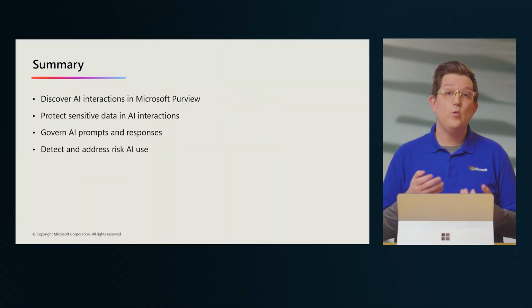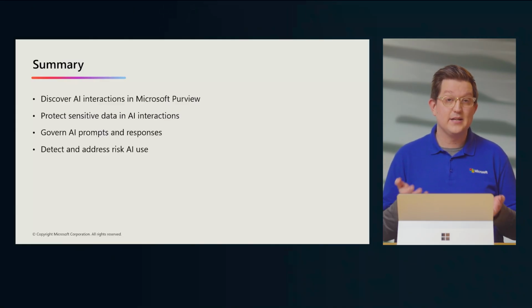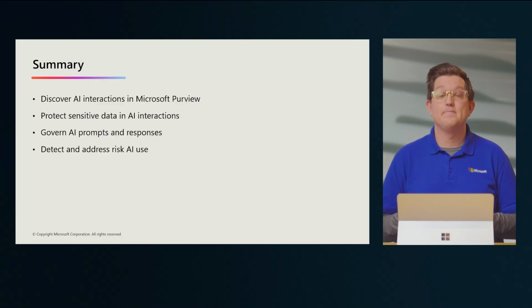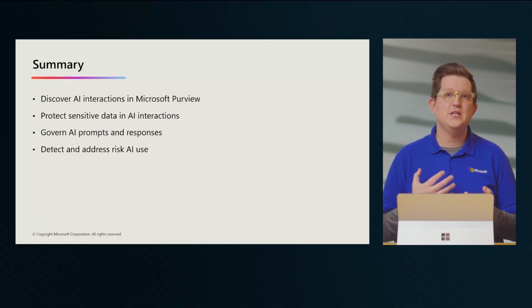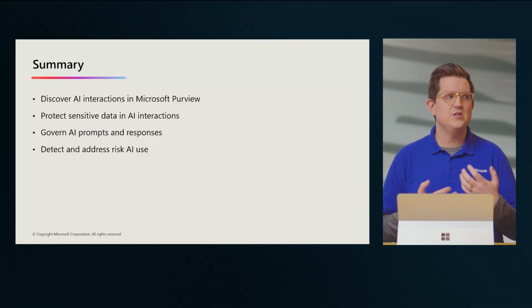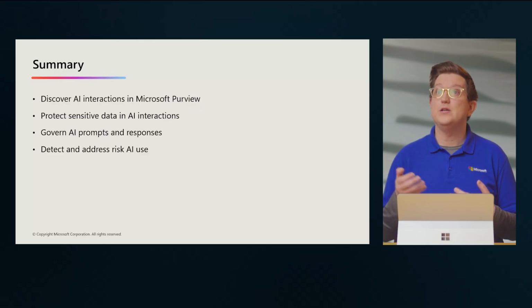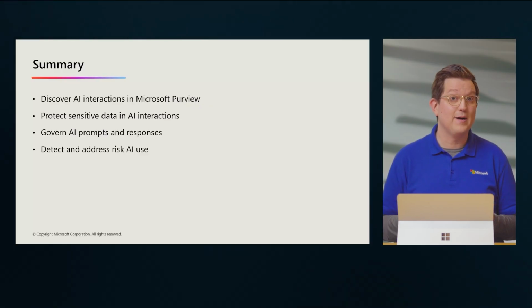Across this video, we have looked at the 4 key areas of data governance when it comes to AI. We started with the discovery phase, looking at how we can bring in interactions across a wide range of AI tools into Purview. We talked about how sensitive data can actually be worked with in AI tools. Whilst it can be restricted, there are ways to use it properly using sanctioned enterprise AI applications like Microsoft 365 Copilot.